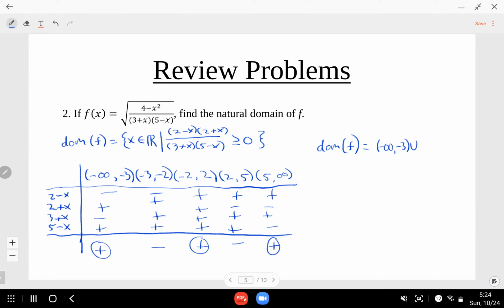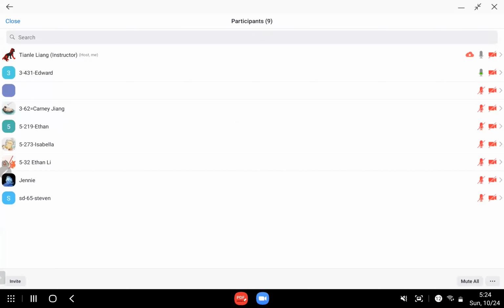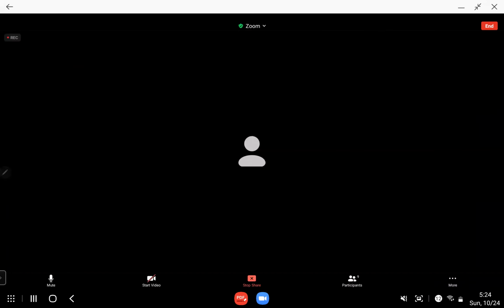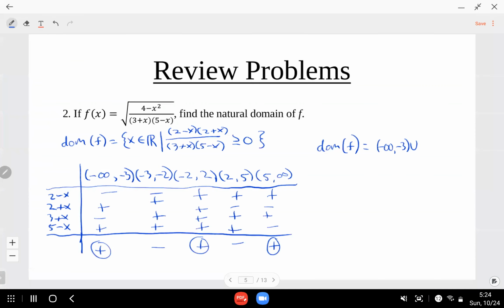Actually, I think you got something wrong with the -infinity to -3. I think you got the first one wrong. It should be positive instead of negative, like 2 minus x. So 2 minus x on -infinity to -3 should be positive instead of negative. Hold on, let me check that.